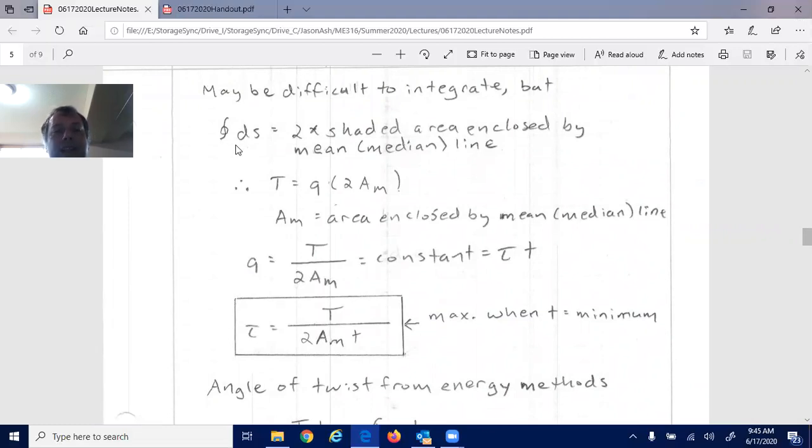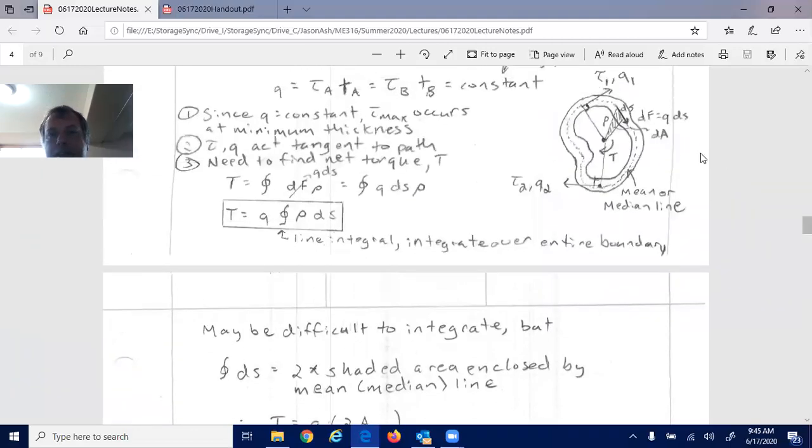But one nice thing is the line integral of rho ds is equal to 2 times the shaded area enclosed by that mean or median line. So if we go back up, the entire area encompassed within that mean or median line is going to be equal to our line integral.